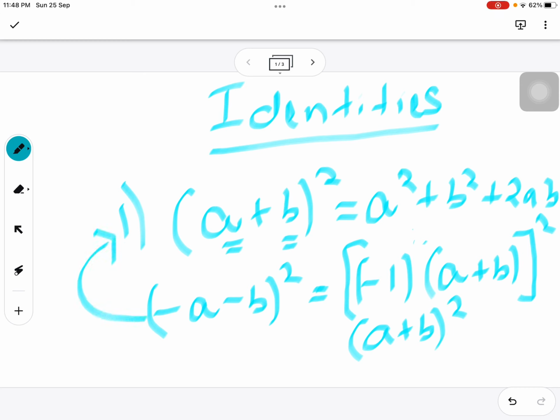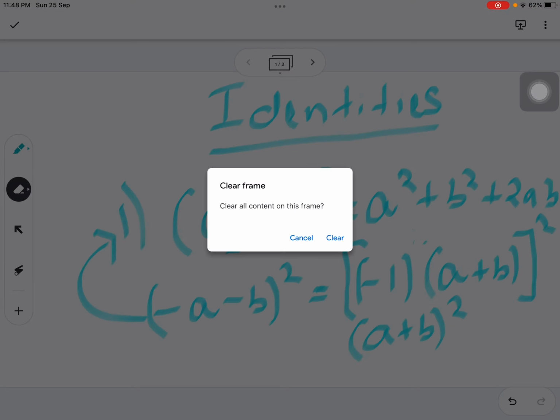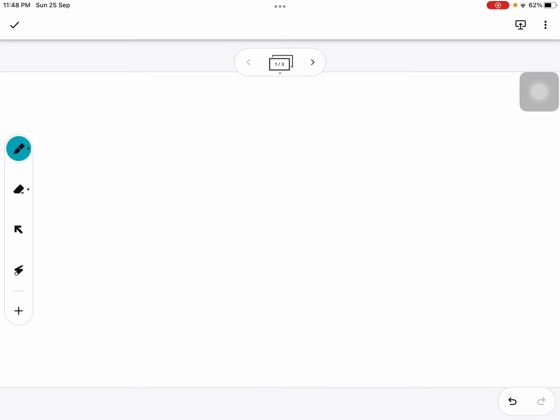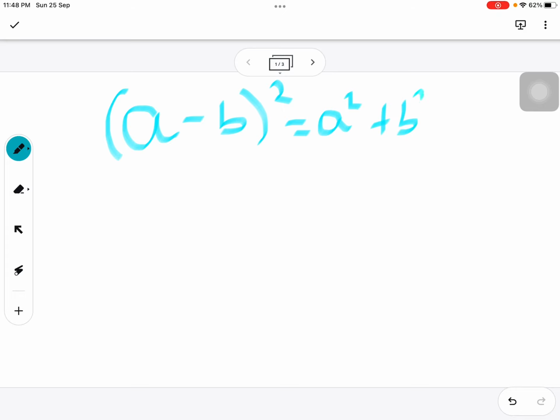Okay, let's come to the next identity. A minus b whole square will be a square plus b square minus 2ab. So this is the first term square plus second term square minus 2 into first term into second term.